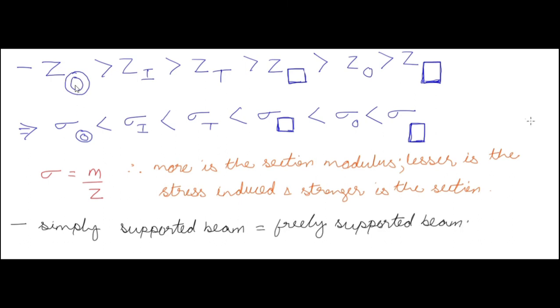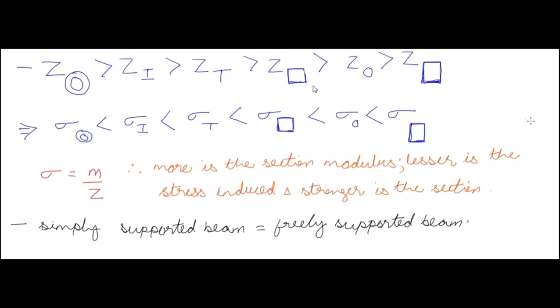The section modulus of a cylindrical tube or hollow cylinder is the most. Then you have the section modulus of I section, then T section, then a square cross section, then a circular cross section, and then a rectangular cross section.